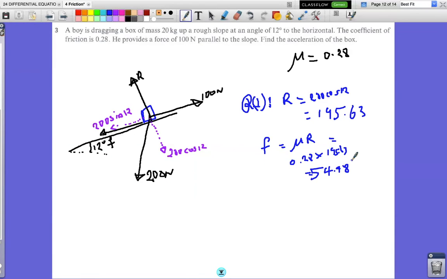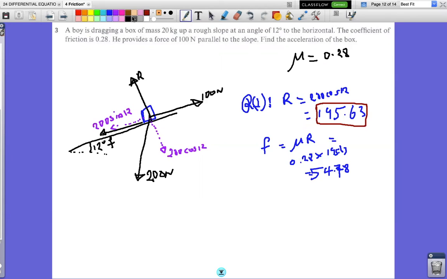Remember, I left this same value in my calculator. I did not round up this value. I just multiplied it with this to get that. It will give you a more accurate result.